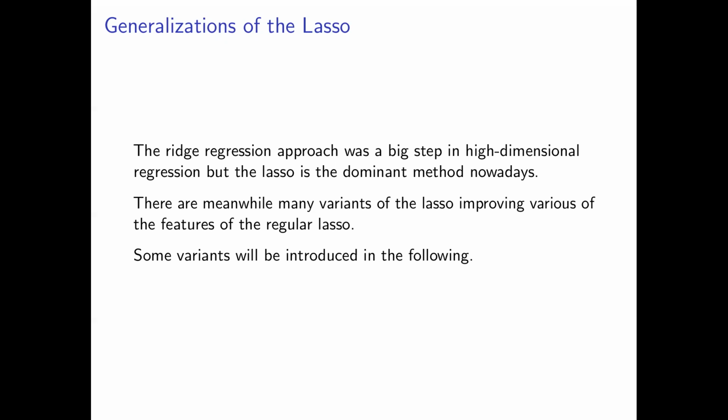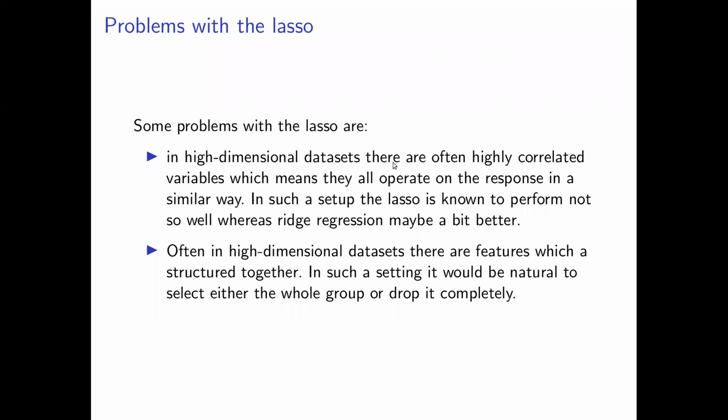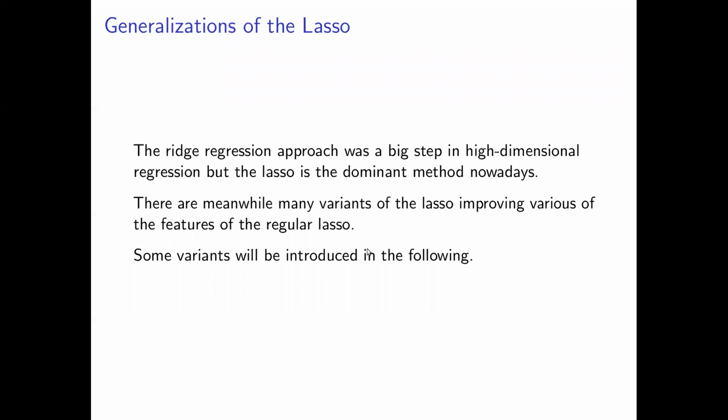It's more famous, even though it is far less able to deal with highly correlated scenarios. But the advantage of lasso is that there are a lot of different variants, and also variants which can be used to deal with some of the problems mentioned here.